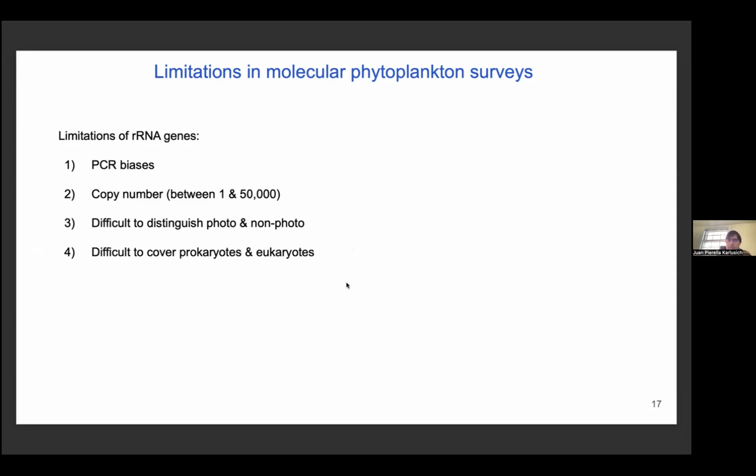Finally, it's difficult to cover prokaryotes and eukaryotes in a quantitative way because eukaryotes have the 18S ribosomal RNA gene, whereas prokaryotes have the 16S ribosomal RNA gene.